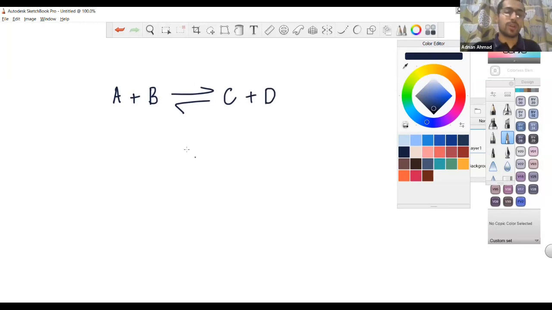Okay, so when we start the chemical reaction, we only start with reactants. We do not have any products.